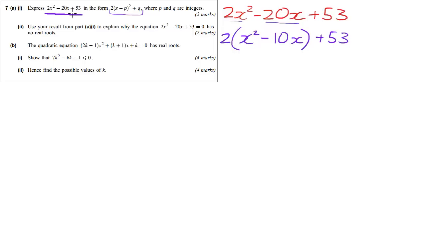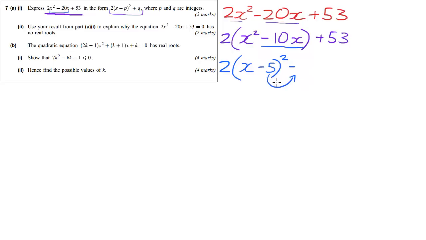So the system that we use to change it from an x squared minus an amount of single x into x minus p squared is, we're going to leave that 2 out there and then say, right, we've got x and then halve this, so half of minus 10 is minus 5, square everything, then take away this one squared.